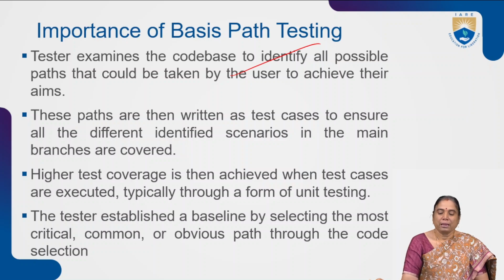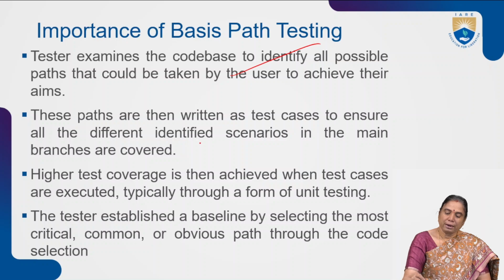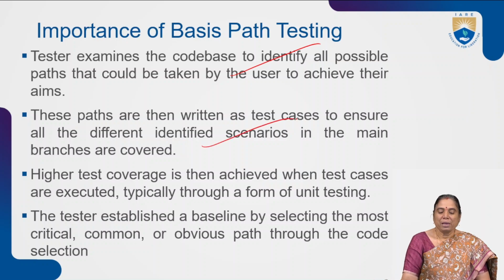These paths are then written as test cases to ensure all different identified scenarios in the main branches are covered. So higher test coverage is achieved when test cases are executed, typically through a form of unit testing.